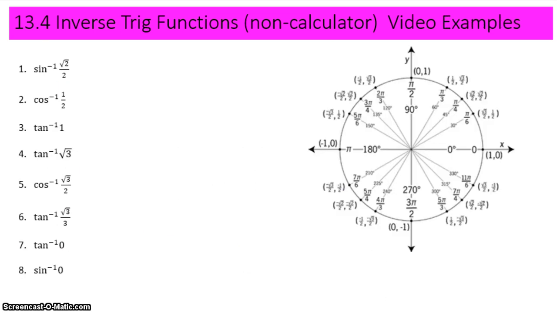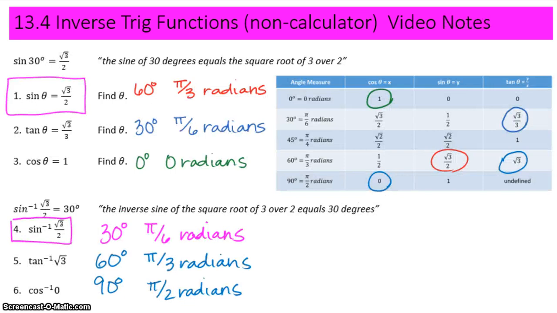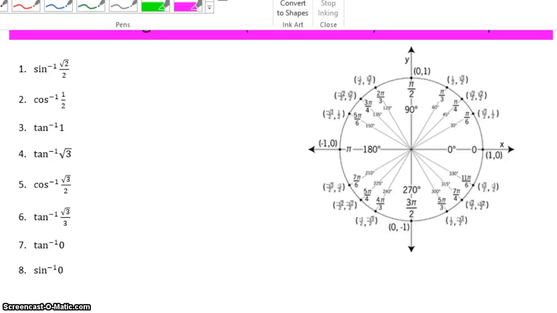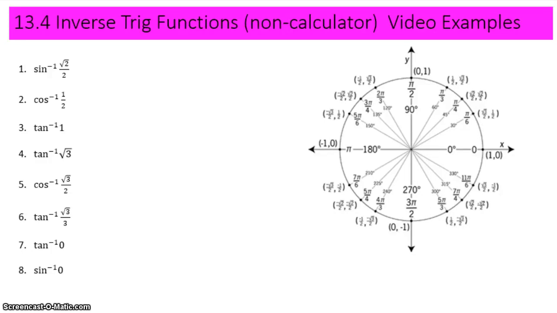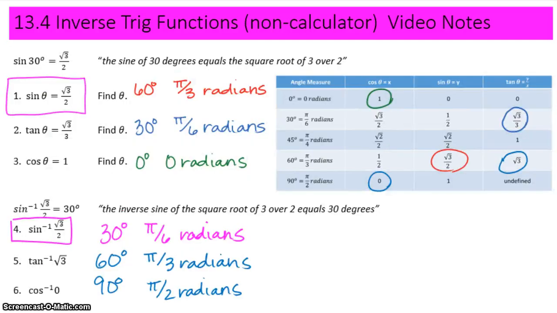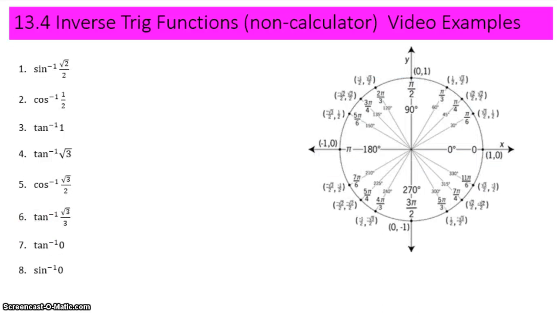So, unfortunately, you don't get this table. You need to know and be able to use your unit circle. Okay, but it's not much of a stretch, because what we did was we used our unit circle to create our table, and then we used our table to answer the questions. Now we need to figure out how to skip that table step and just use our unit circle.